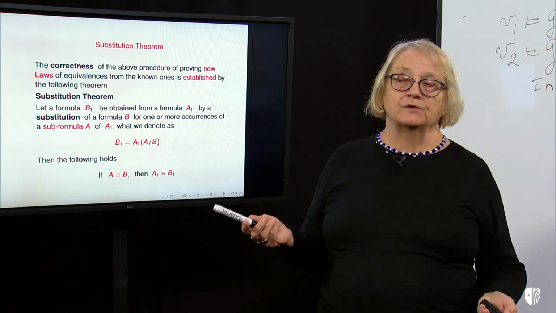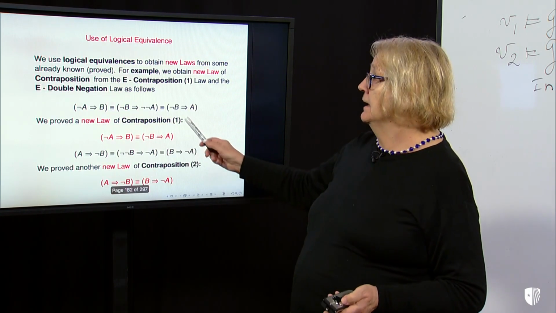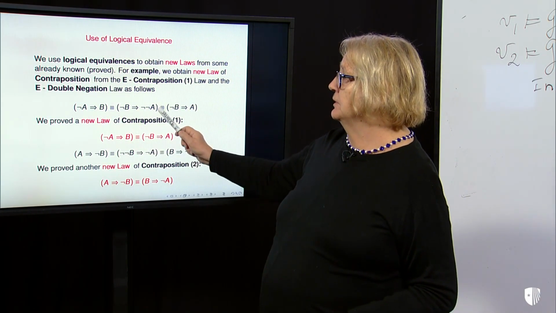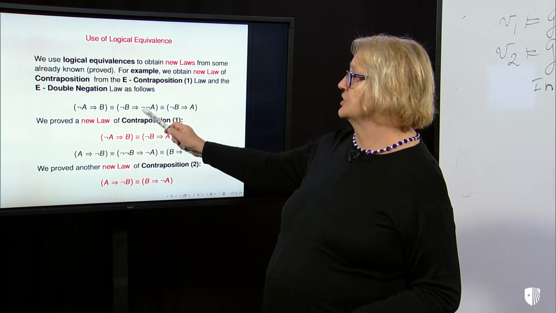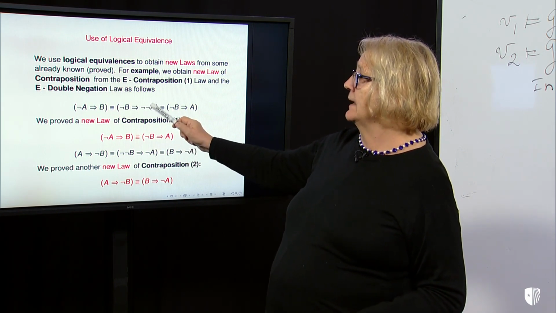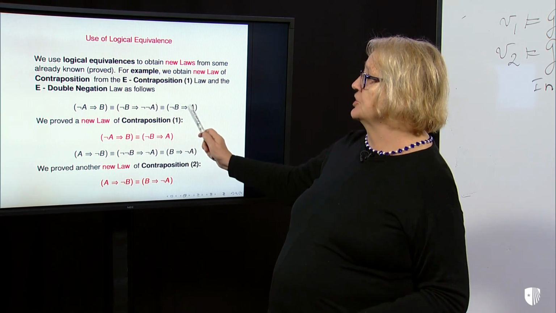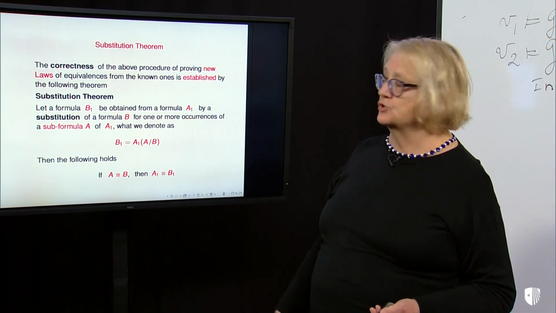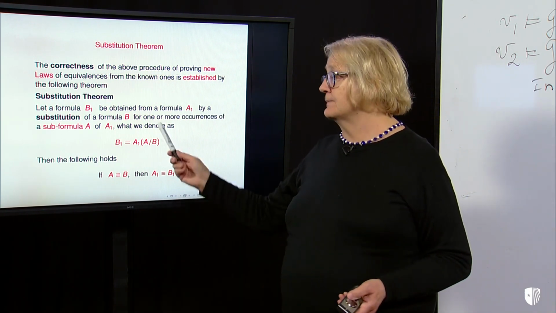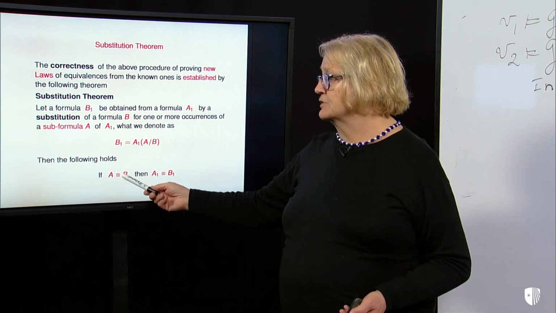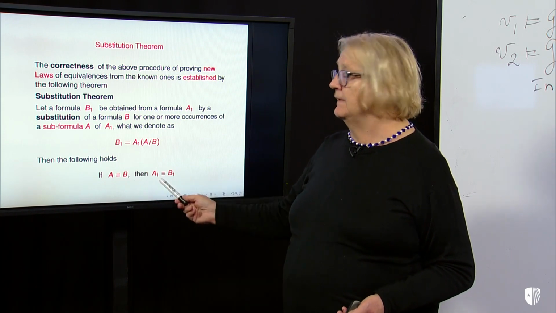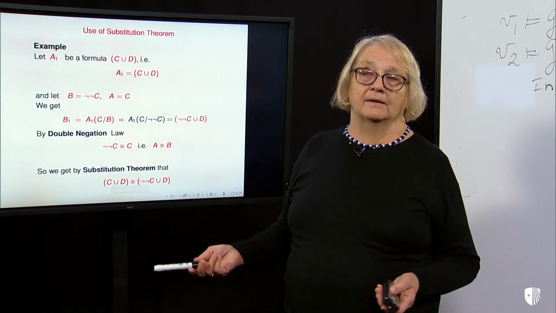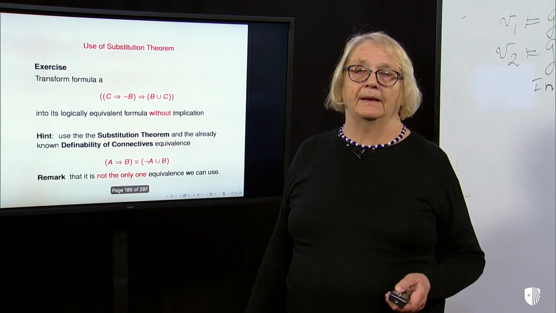And of course you have the substitution theorem, because here, what did I do? I used the law, and now I know that double negation A is logically equivalent to A, so I can replace this by a logically equivalent formula. So you have the substitution theorem: if you substitute logically equivalent formulas, what you started with stays logically equivalent, and you just play with it.